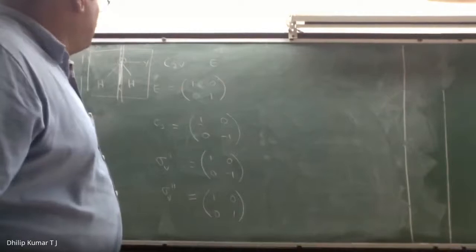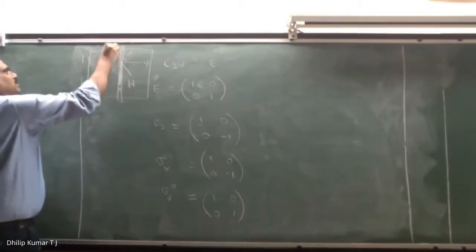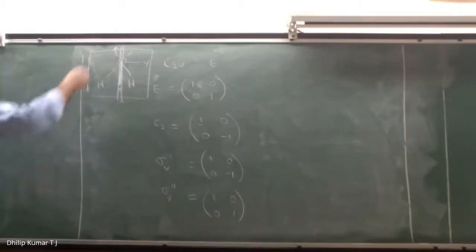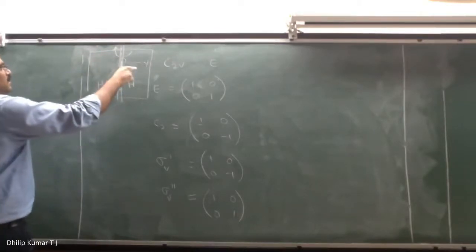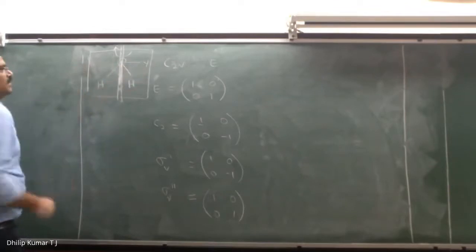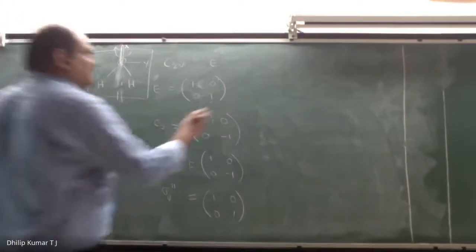I'm just rotating the molecule by 180 degrees. If you rotate it, x will remain as such and y will come to the other side. But the coordinate of H also inverses, no? It reverses. X is not inverting.